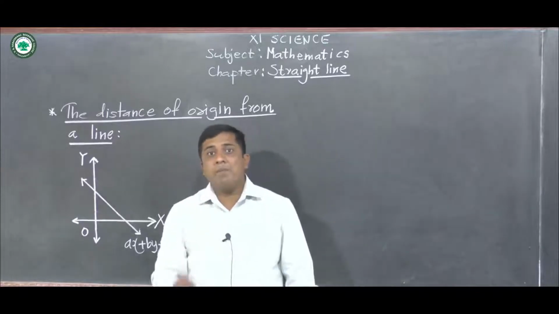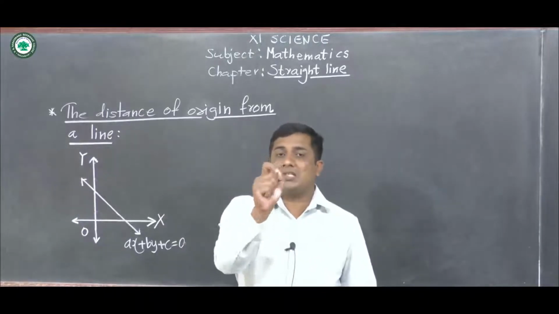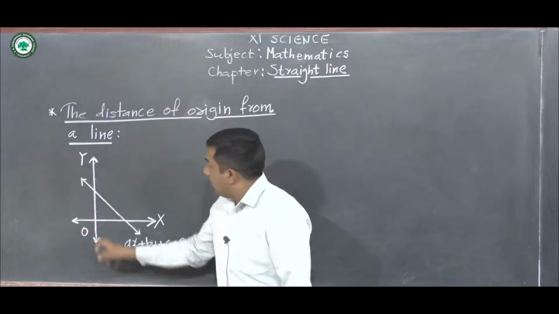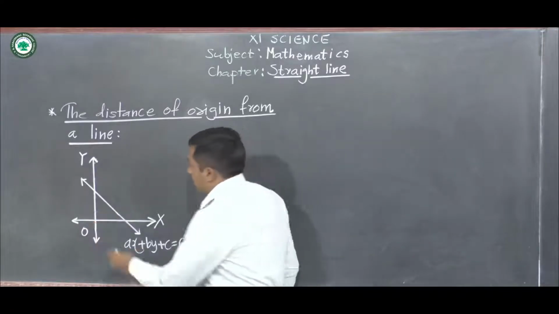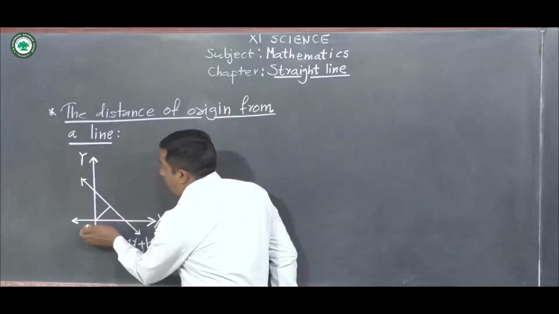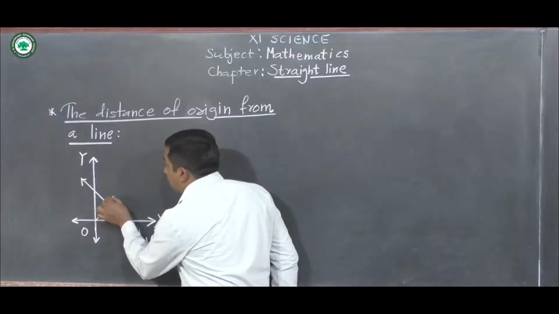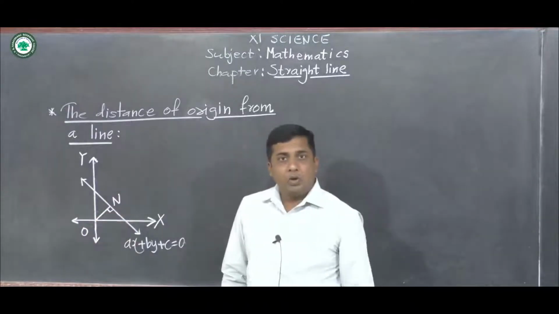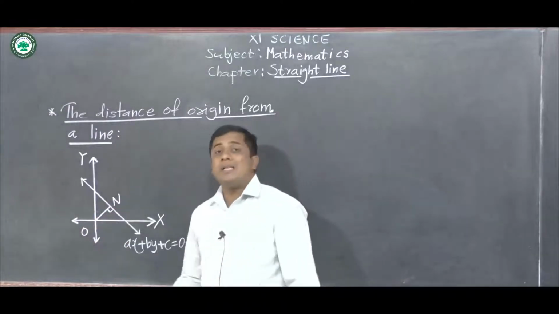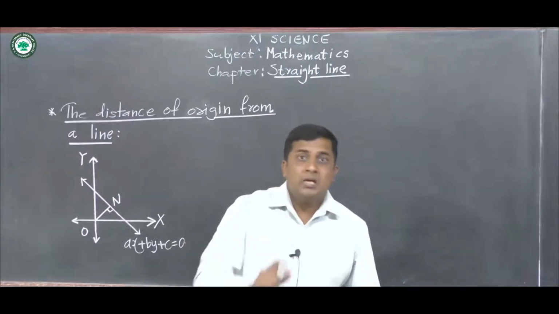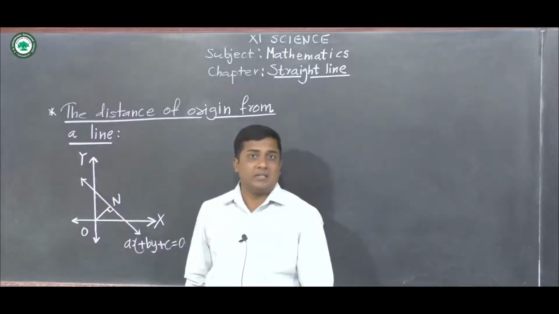And here remember, the shortest distance is the perpendicular which is drawn from the origin to this point N. Okay, remember this ON is the shortest distance and we have to find this distance.